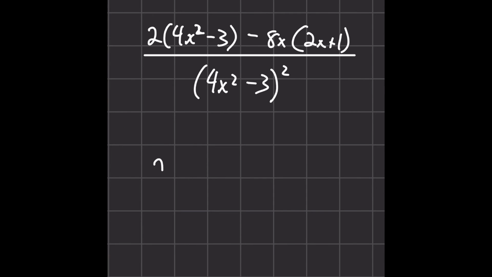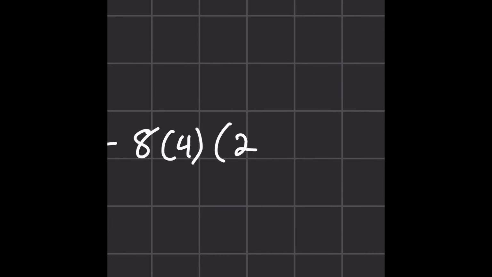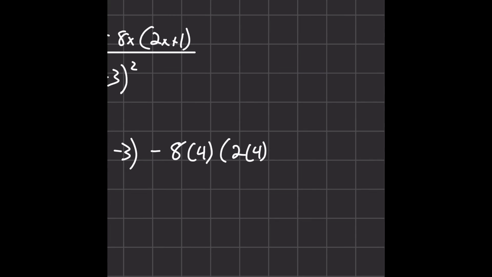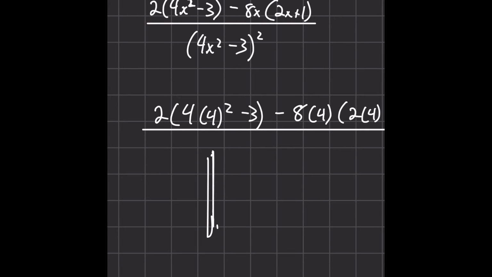So we have 2 times 4 squared minus 3 minus 8 times 4 times 2 times 4 plus 1 over 4 squared minus 3 squared.